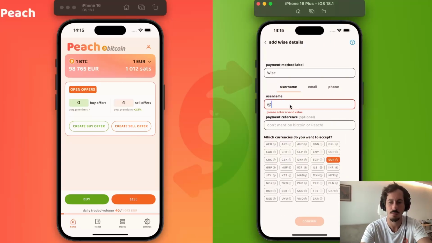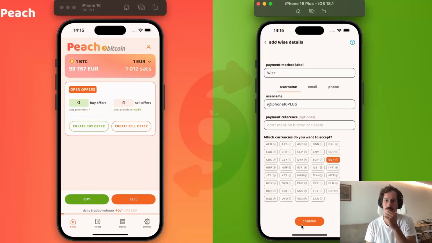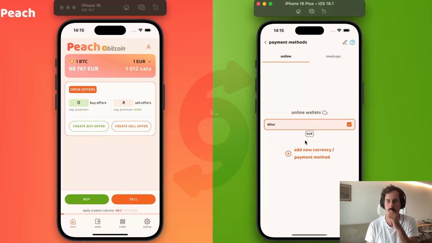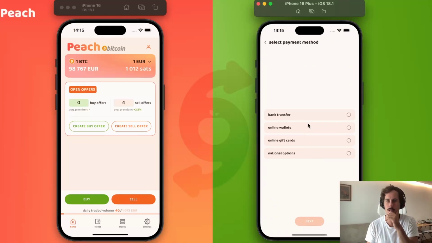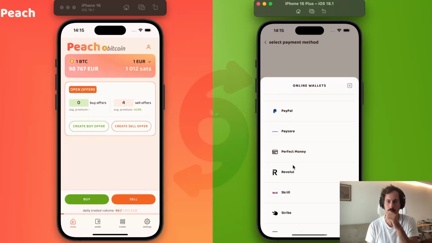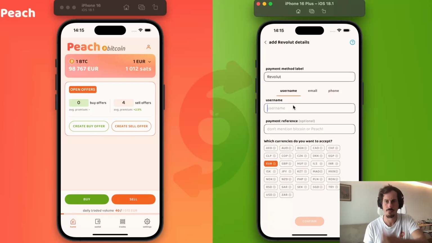My username in Wise is iPhone 16 Plus. And I am also willing to accept Revolut. And my username on Revolut is also iPhone 16 Plus.